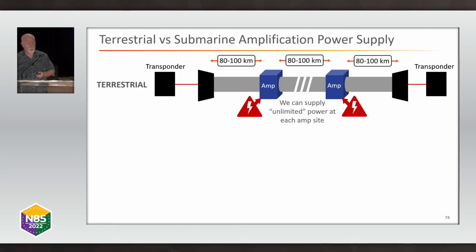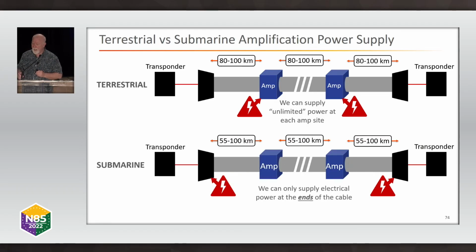You may not be able to put as much as you want, but you can put it in all of these sites. In a submarine cable, you can only put the power in at the ends of the cable. So if you have a 6,650 kilometer transatlantic cable, you can only put the power in at the landing stations at either end. And so at some point, the conductor of that cable can only take a certain electrical load.